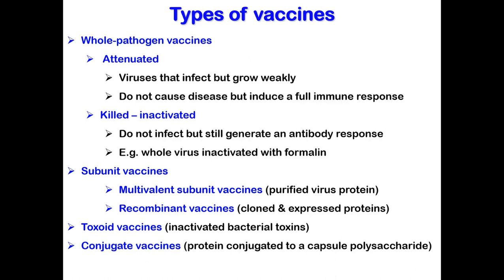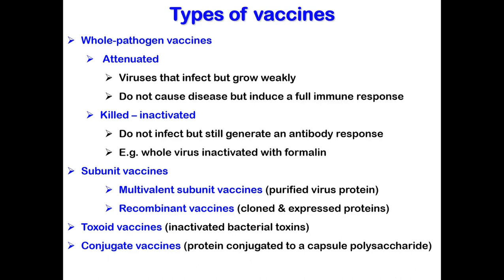And these are used to prevent diseases in which the bacterial toxins play an important role in the disease. And the way that these vaccines work is they activate the humoral, the antibody immunity that neutralizes the toxins. And good examples of these, which we've covered before, are botulism, diphtheria, and tetanus.